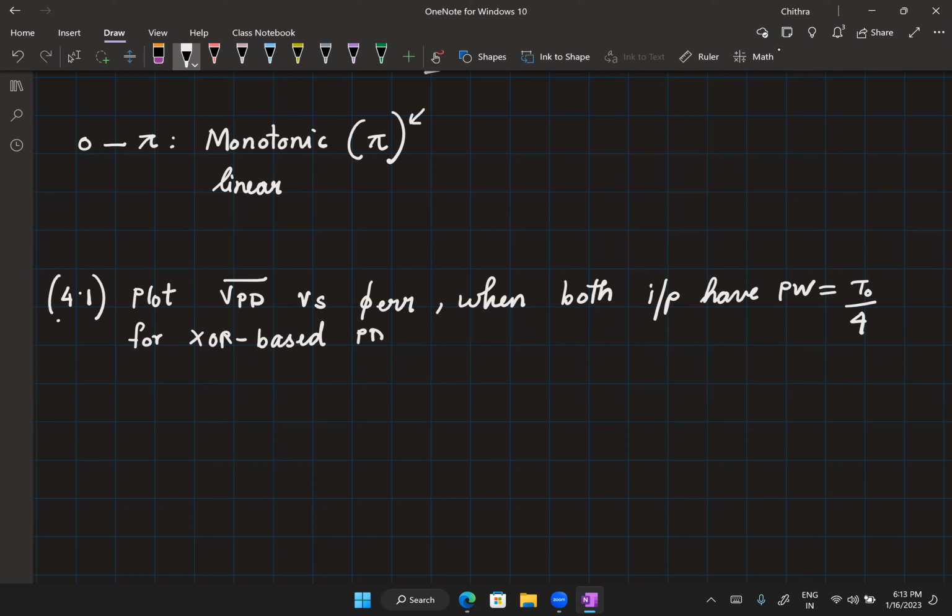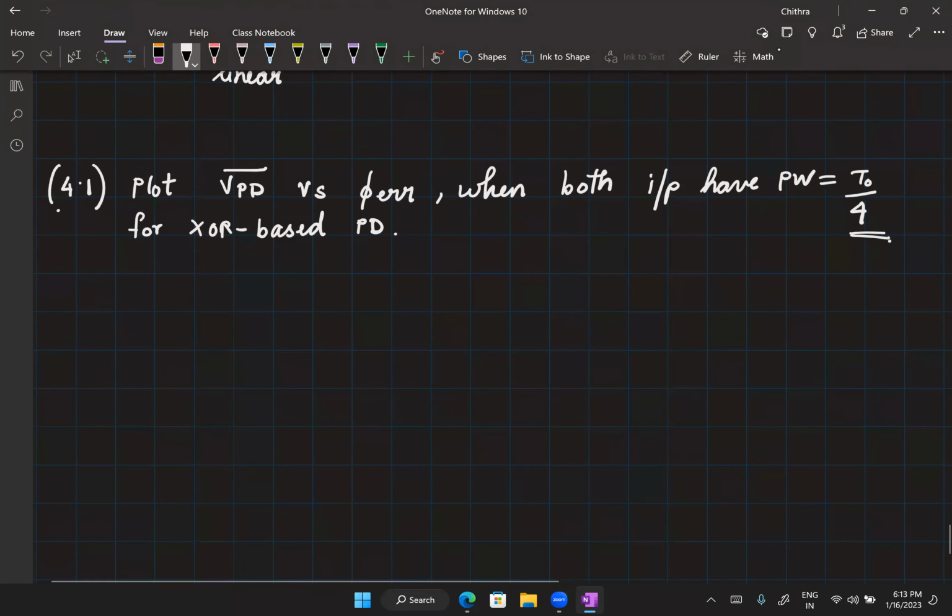Here we have assumed a pulse width of 50% in our discussion. So now the pulse width is T0 by 4, which means it is much lower, a 25% duty cycle. So this is something for you to try.